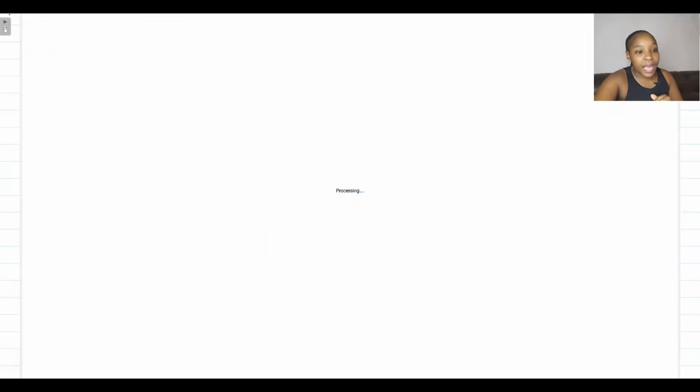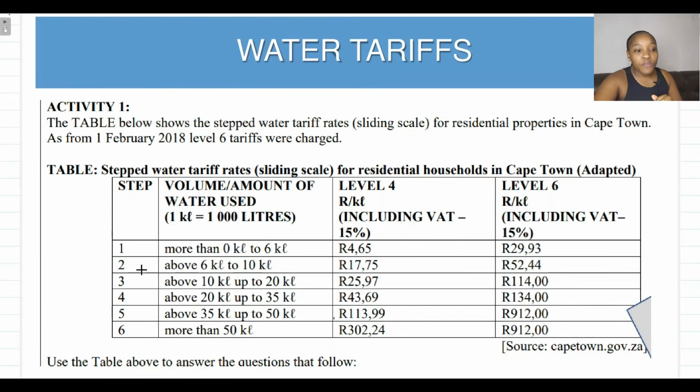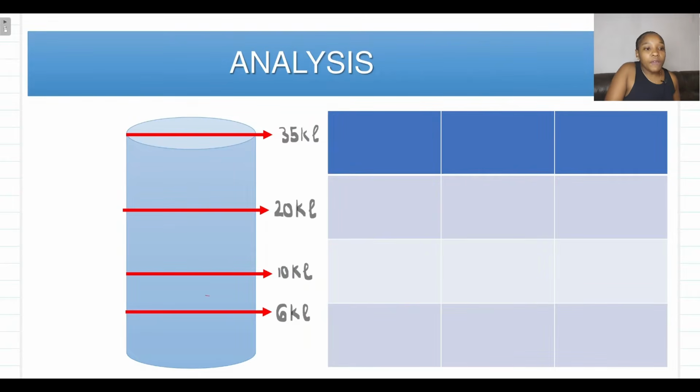For example, here we are told that the first step is when you use between 0 to 6 kiloliters of water. If we were to pretend this is a JoJo tank and there's no water in it, do you agree that we have 0 kiloliters of water?